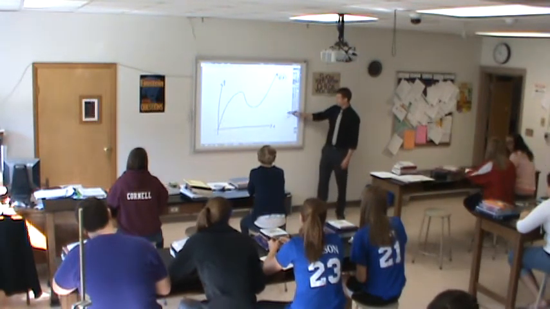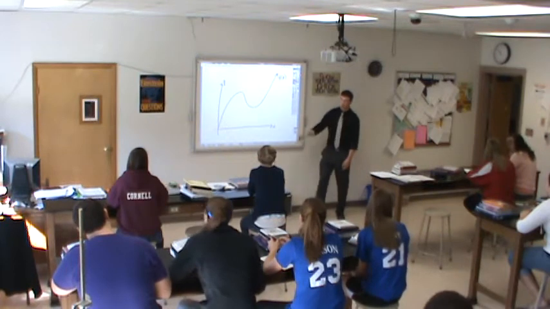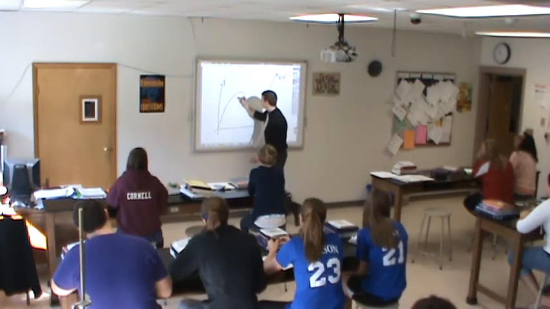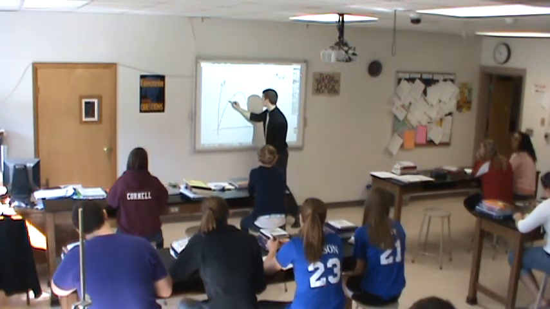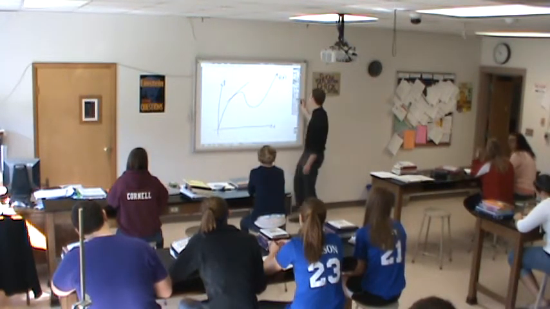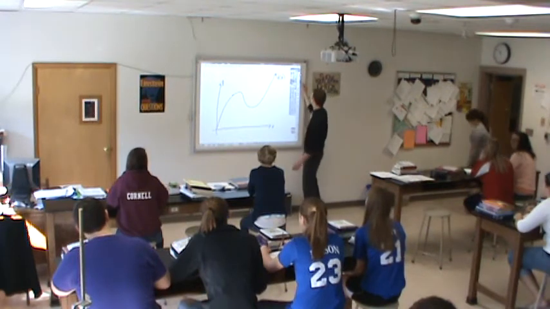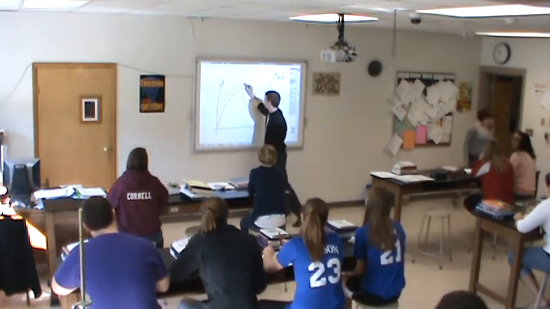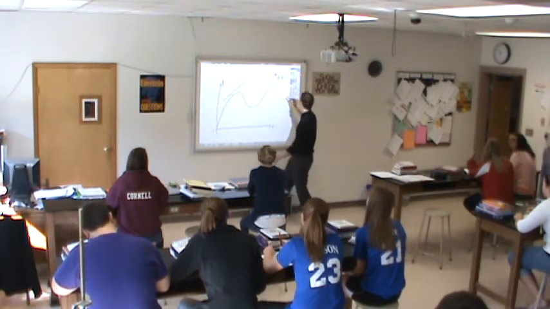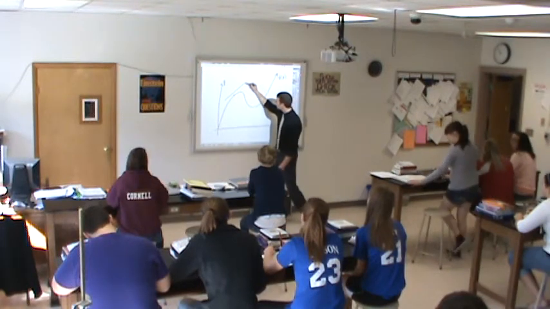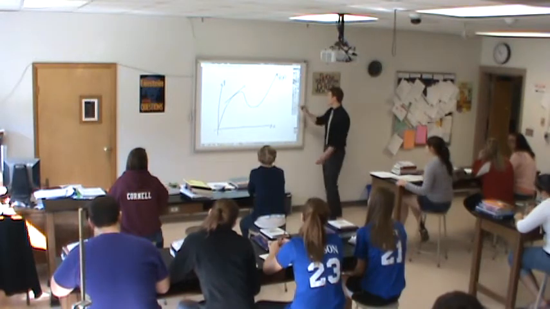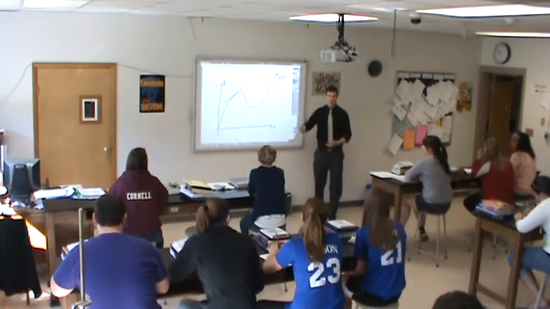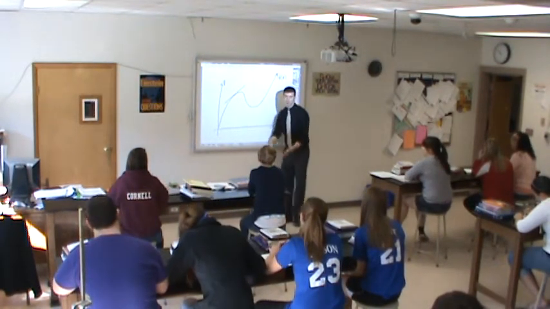So we can get rid of this. But what we can do is look at a single point, say right there, and draw a tangent. I can draw the tangent line like that, and we can find the slope of that if we knew a couple things.